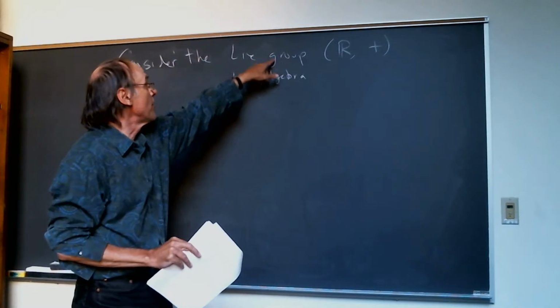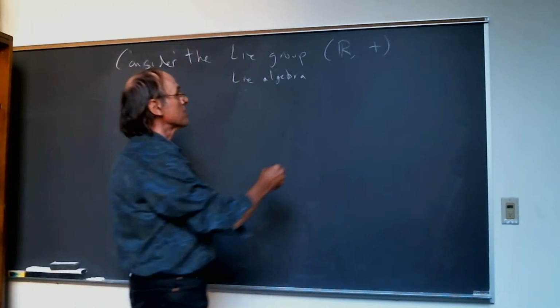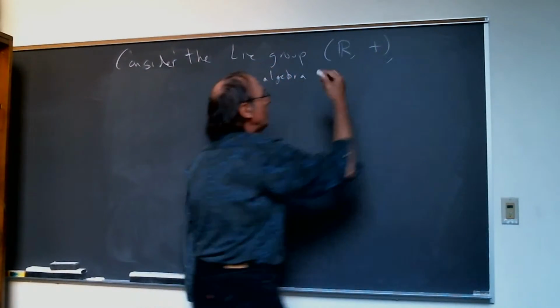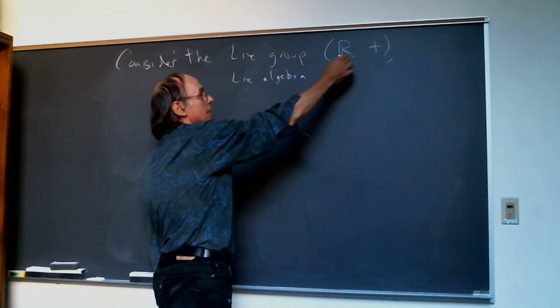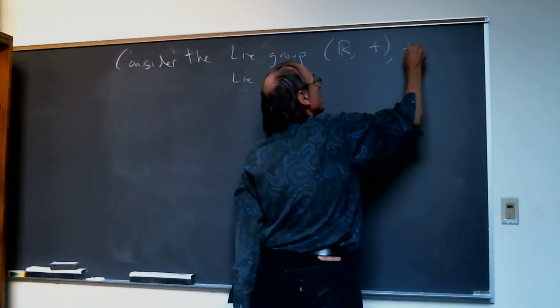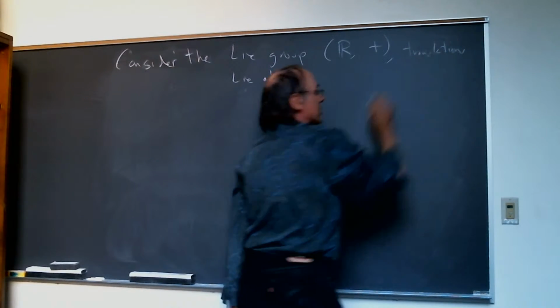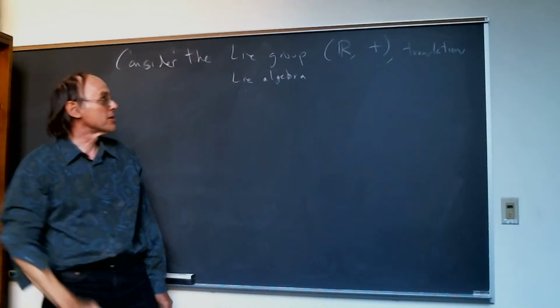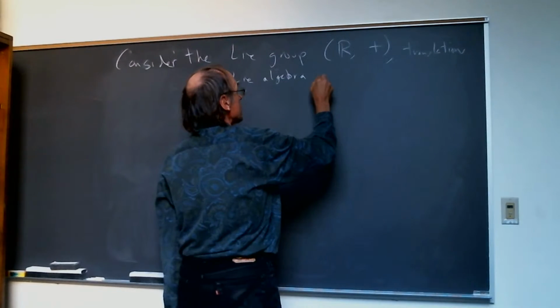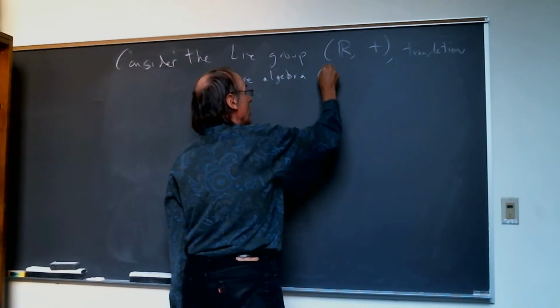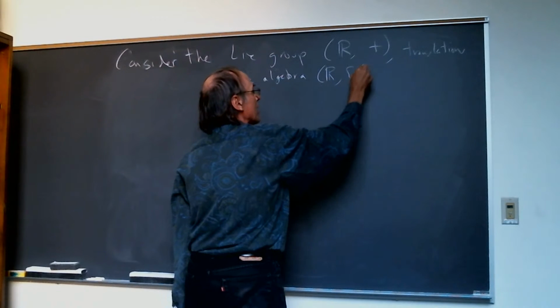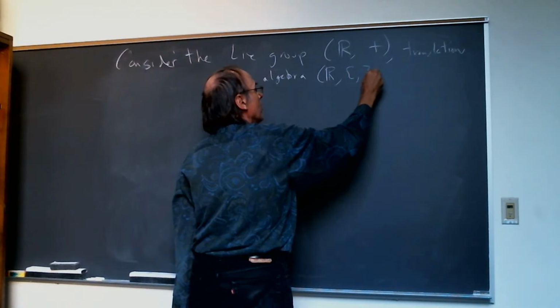And then the infinitesimal version you can imagine representing as translations. And that's the representation we're going to be interested in. The Lie algebra is then also R, and the Lie bracket is 0.